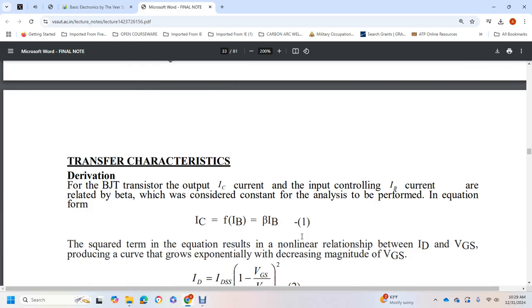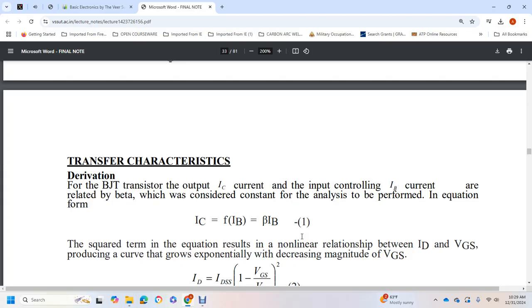Transfer characteristics. Derivation: the input-output transfer of the junction transistor, unlike the bipolar transistor where the output current is controlled by the input current, relates to the concept we are going to consider in the analysis.